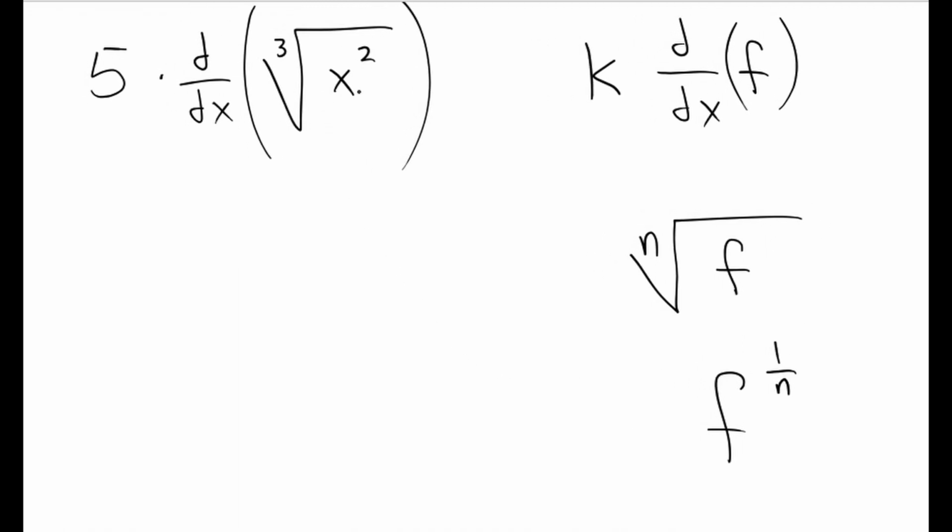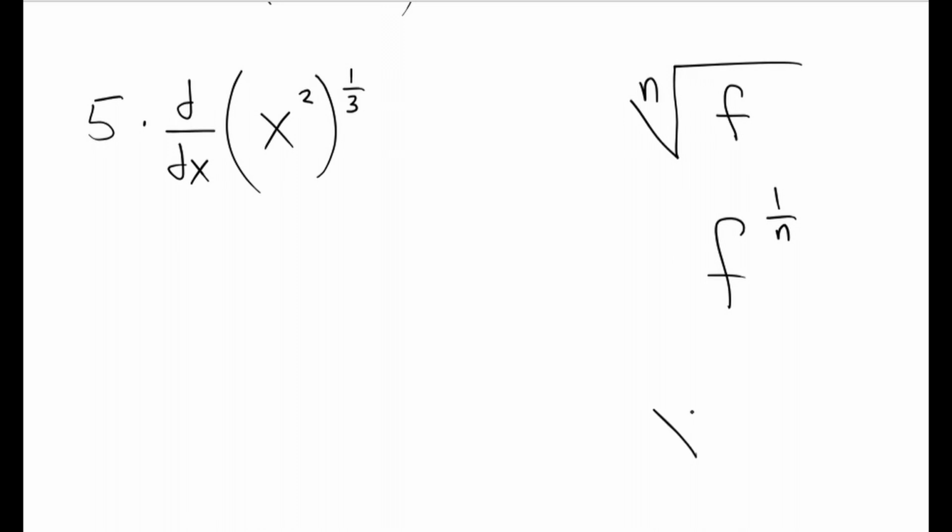In that same way here, we would now make this 5 times d over dx of x to the 2/3, which is the rational exponent. To break that down a little more, in case that was unclear, I'm raising x squared to a power of 1/3. The cube root becomes the 1/3 power.